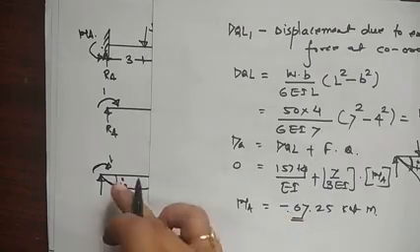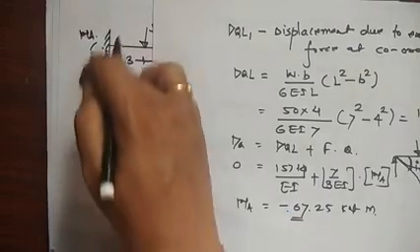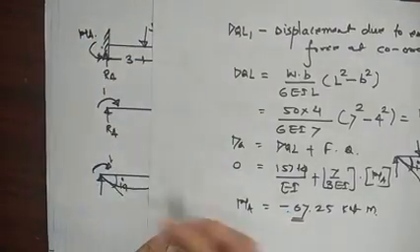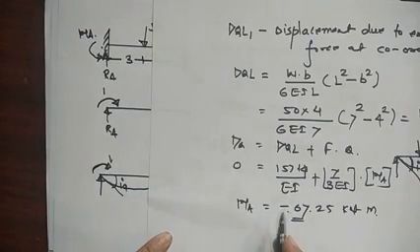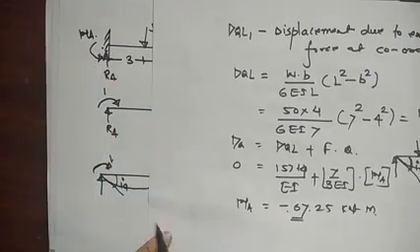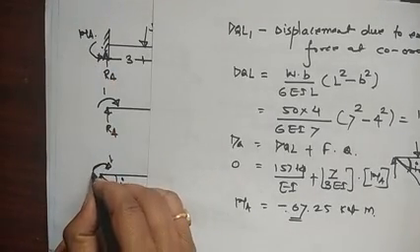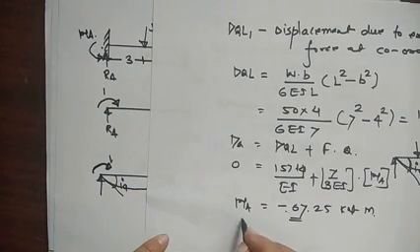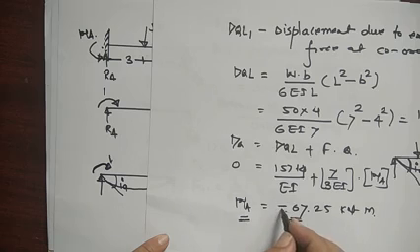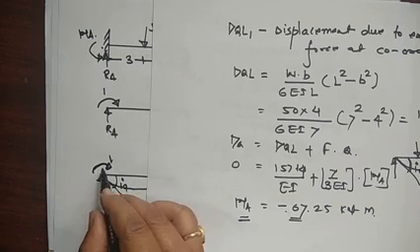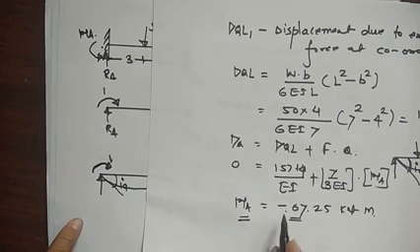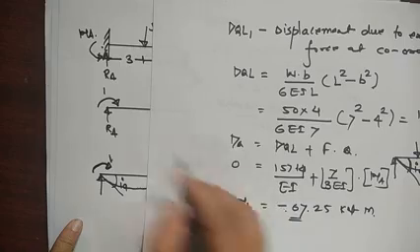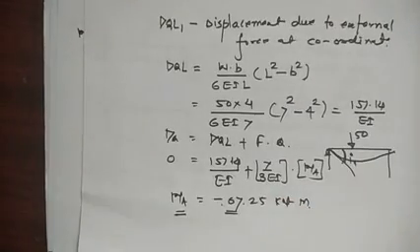It means this MA direction is anti-clockwise. If this value is positive, we apply the moment in the same direction. But here we applied rotation in the clockwise direction at coordinate 1, and the final moment is minus. It means the moment is not in the same direction, but in the opposite direction. So minus means anti-clockwise. So we got the value of MA.